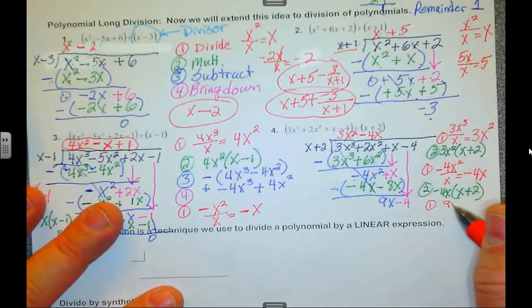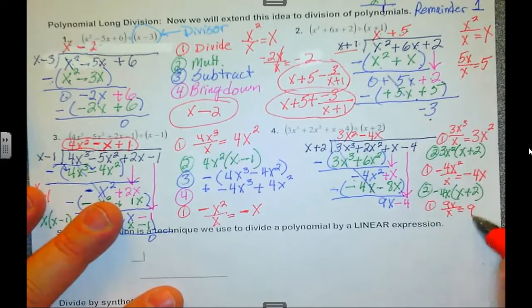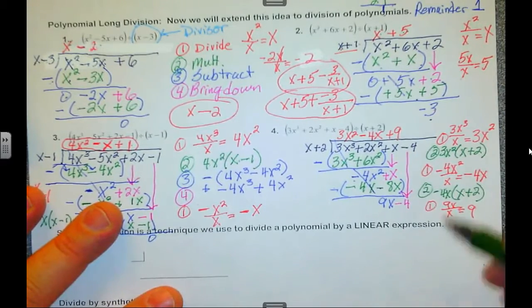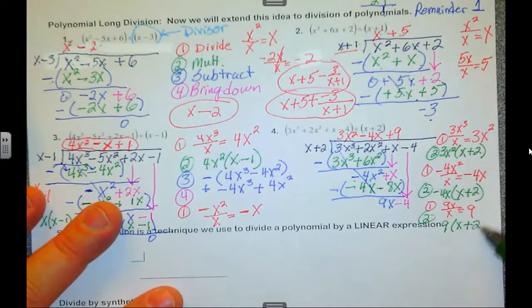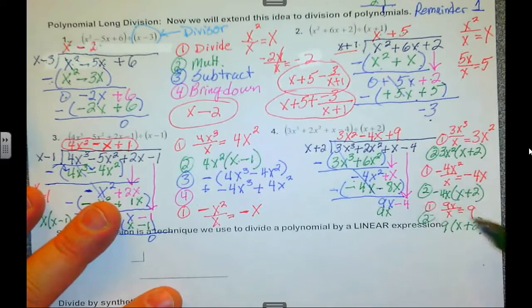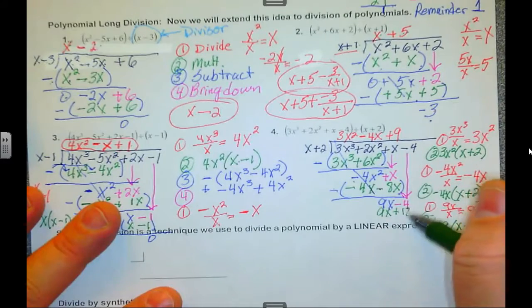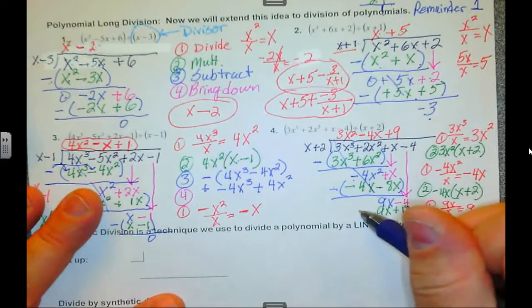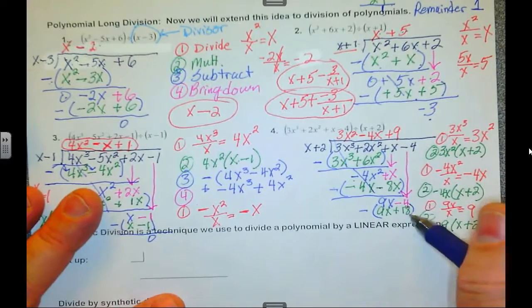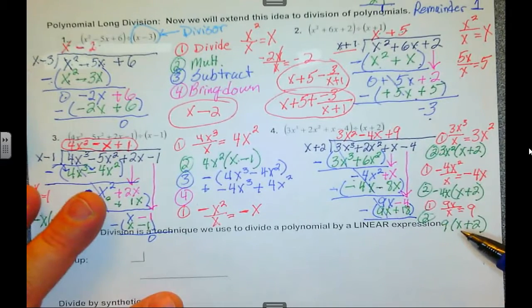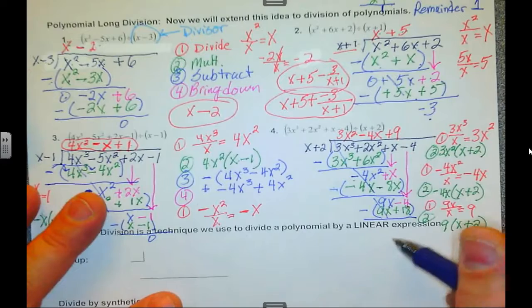Divide. Multiply. You're going to take 9 times x plus 2. So I'm going to have a remainder of negative 22, right?